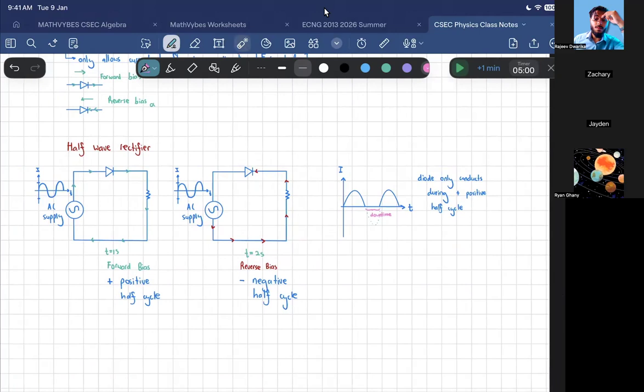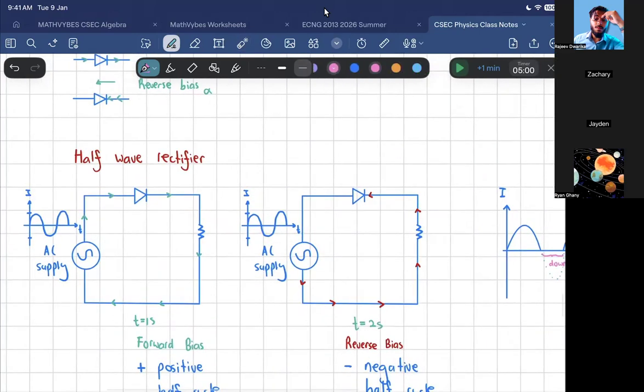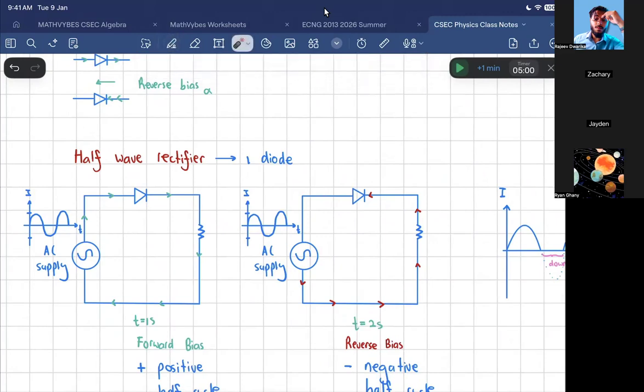In a half-wave rectifier, you are using one diode, and the purpose of a diode is to only allow the current to flow in one direction. So as you know, in an alternating current source, the direction of current is switching back and forth. So one minute, it will be in forward bias, so the current will pass through the resistor here. In the other minute, the direction of current will switch, and it's going to be in reverse bias now and is not going to allow current to be conducted.